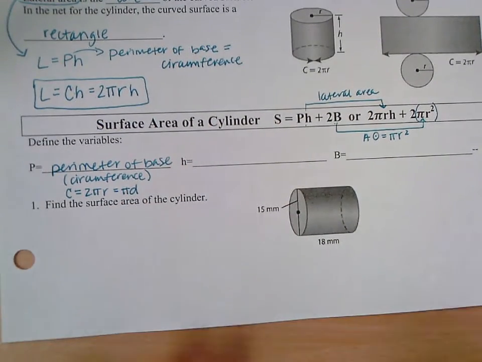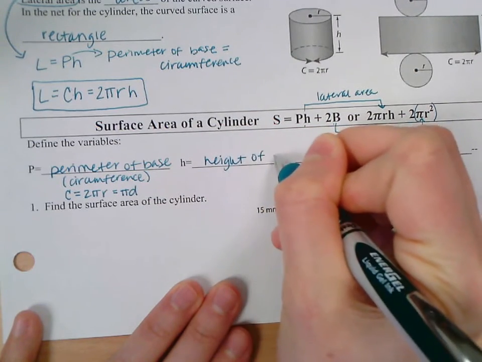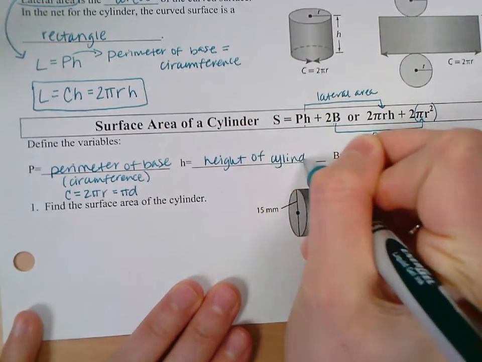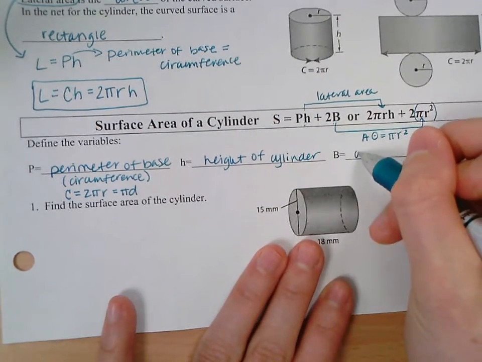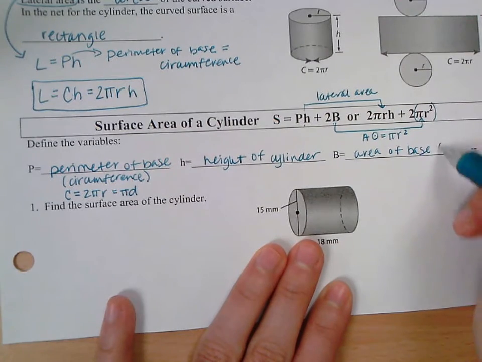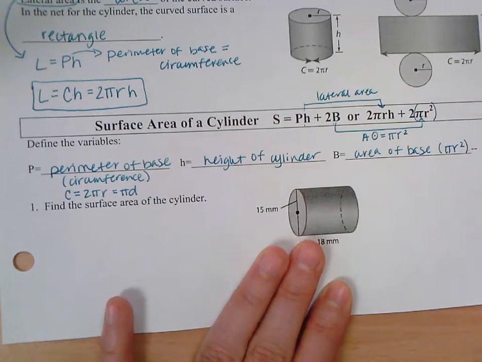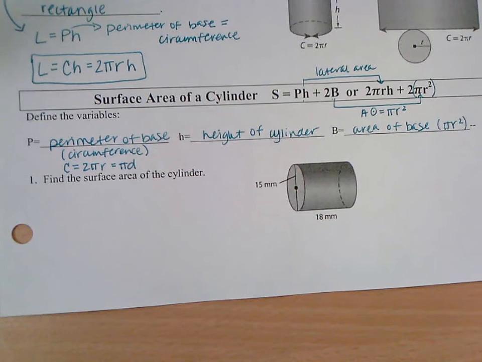And then h is the height of the cylinder in this case, height of the figure in general. B is the area of a base, which again for circles today, since your base is a circle, is pi r squared. Okay, but otherwise the general formula is the same.